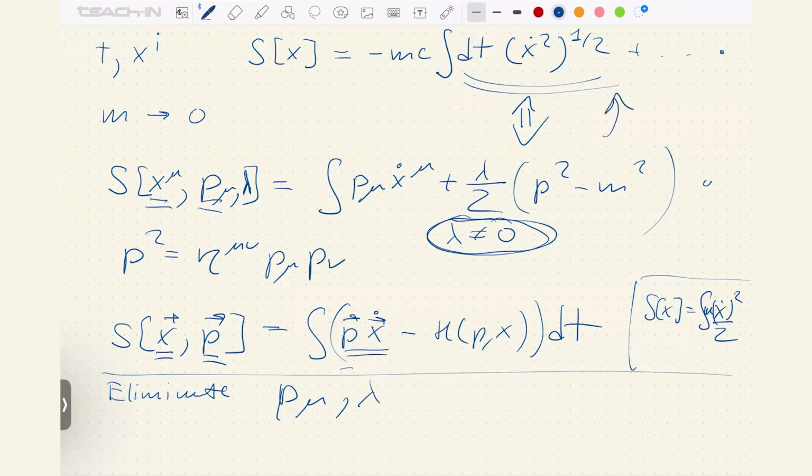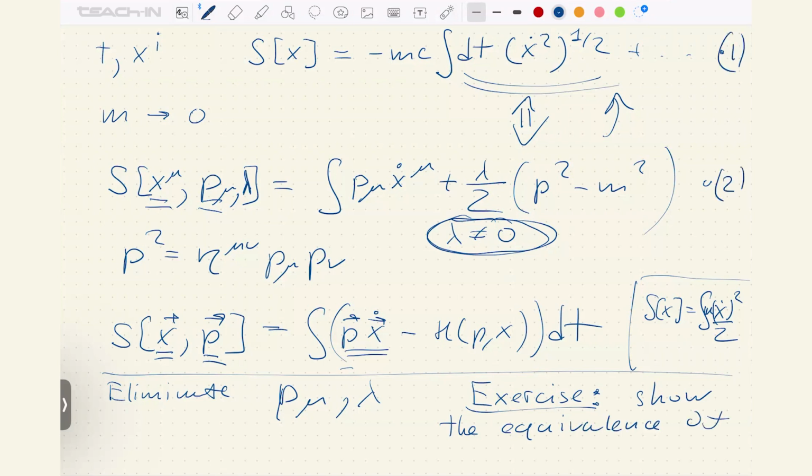So this arrow is simple, it's just straightforward, and it's a good exercise. I don't want to do it here explicitly because it's purely technical, but it's very instructive. So I very much suggest to check the equivalence of, let's say, this is going to be 1, and this is going to be 2, of 1 and 2.